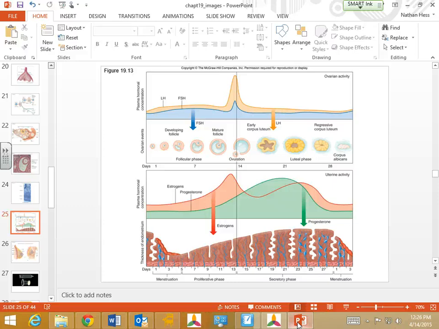The green is progesterone. You see how there's this curve that gets bigger and bigger? That mirrors the lining of the endometrium, which also gets bigger and bigger. So the more progesterone you have, the thicker that inner layer, the endometrium, gets, so that if the egg is fertilized, it can implant in the uterus.